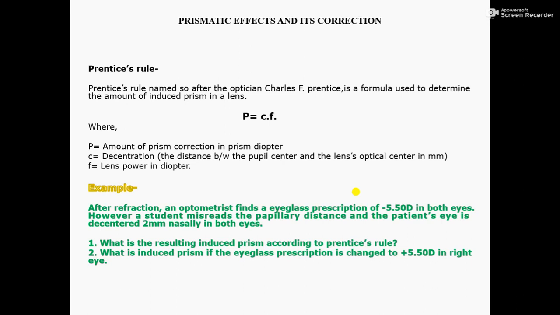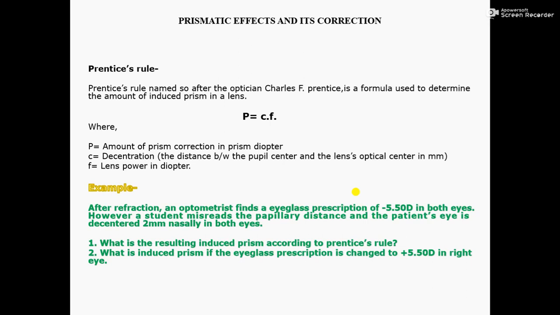Example: after refraction, an optometrist finds an eyeglass prescription power of minus 5.50 diopters in both eyes. However, a student misreads the pupillary distance, meaning wrongly measures the PD, and the patient's eye is decentrated 2 millimeters nasally.